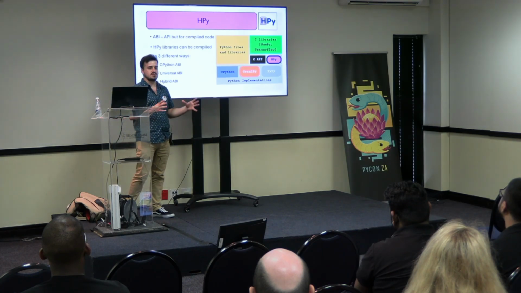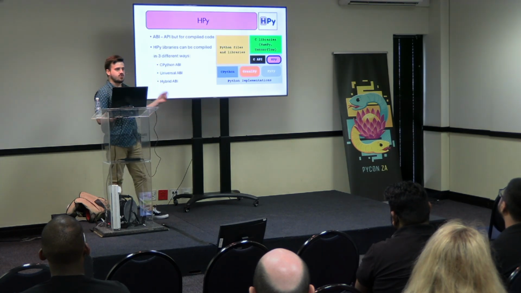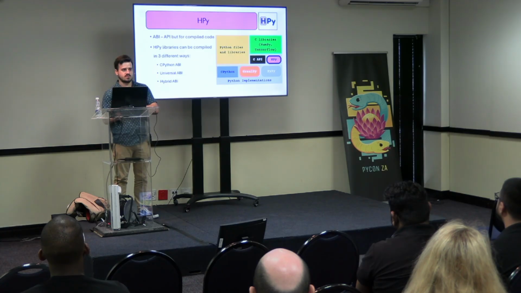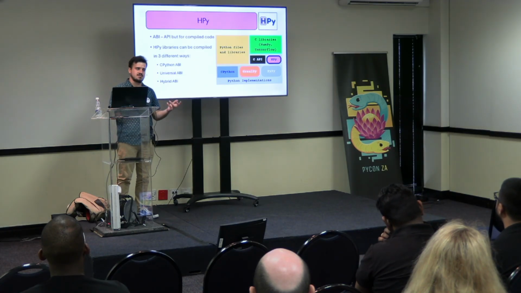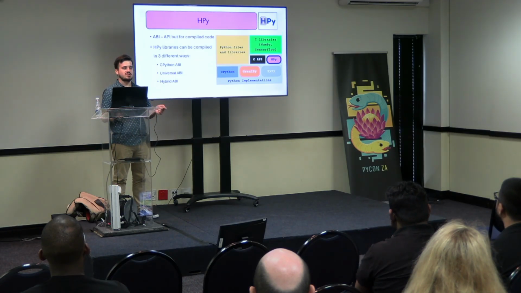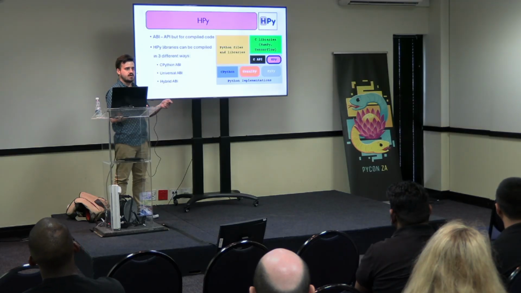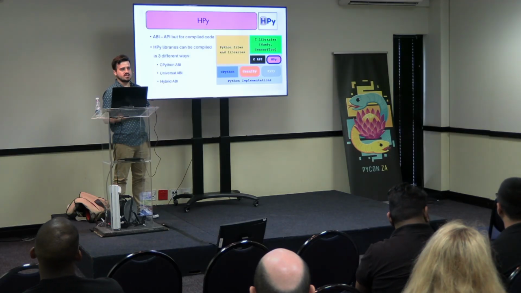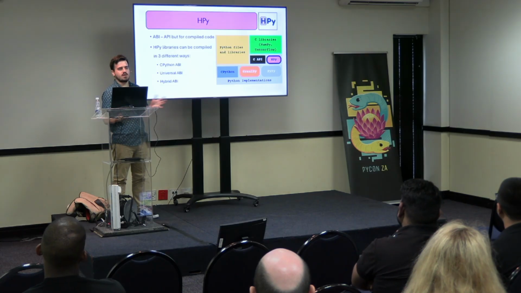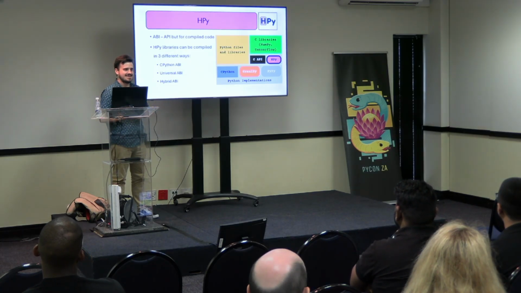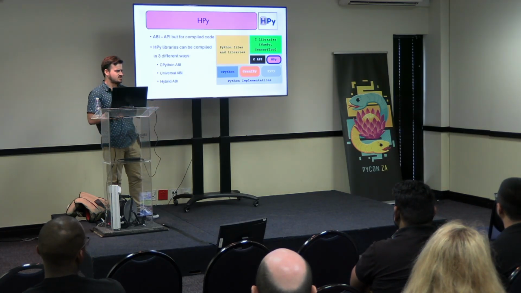Because GraalPy is written in Java, it will interact with GraalPy as though it was written in Java, so it will mold itself to whatever implementation you're using it with. On PyPy, it'll be more Python-y. So the implementations are responsible for implementing how they handle HPy. Again, that is why we could not just add things to PyPy; we need PyPy to add things. Okay, and then what was the second question?